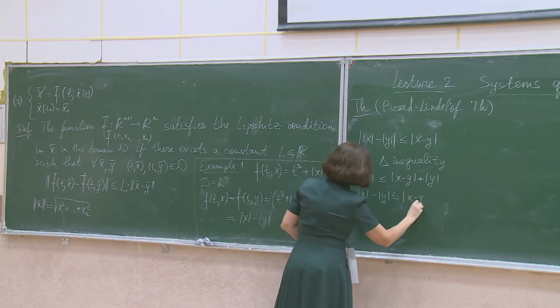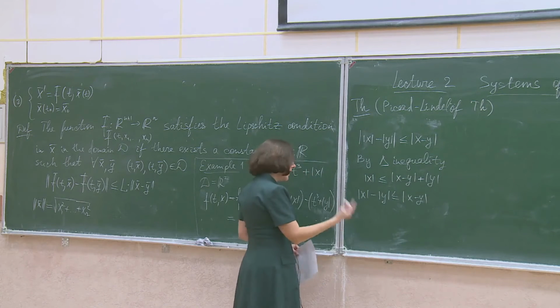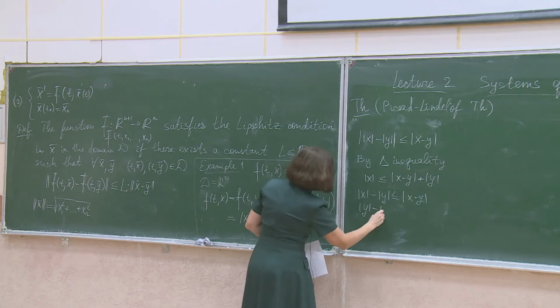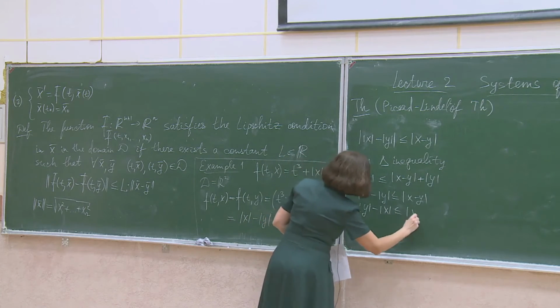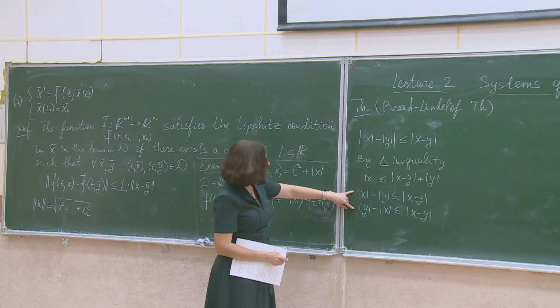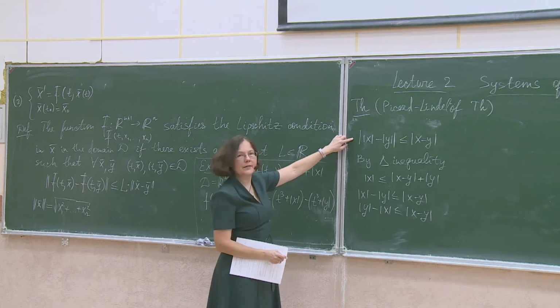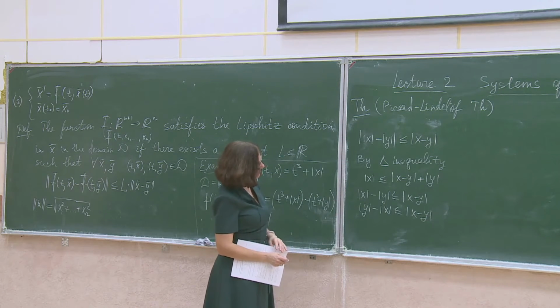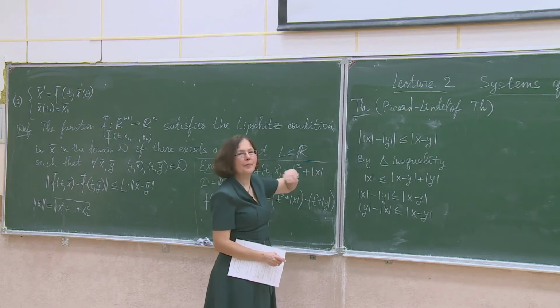On the other hand, we can prove conversely that the absolute value of y minus x is less than or equal to the absolute value of x minus y. And from these two inequalities, it follows that this is true. Right? Well, so this is true.